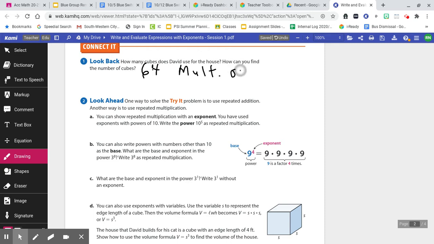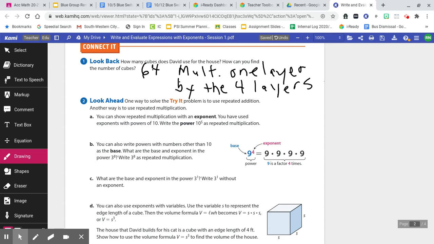Multiply one layer by the 4 layers. So if I find out how much one layer is, I can multiply it by 4 to get the total number of cubes. So look ahead.